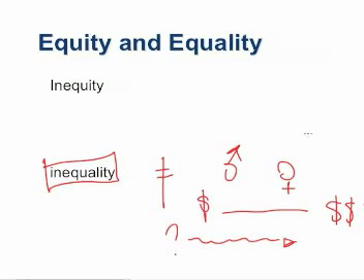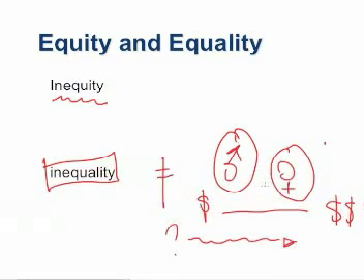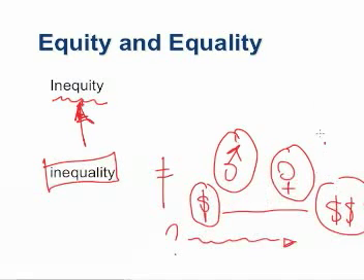The situation with health is the major concern is that this inequality doesn't result in inequity. So the fact that males have a poorer life expectancy than females is inequity that's due to inequality. People who are rich live longer and have lower disease prevalence than people who are poor, and that again is inequity.